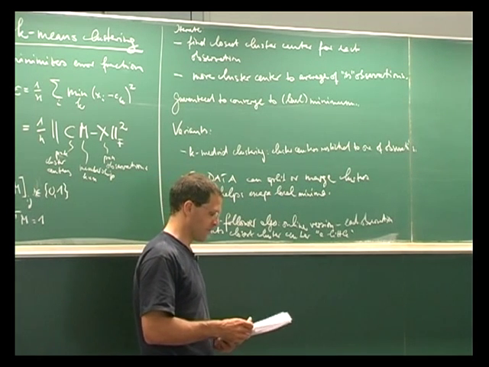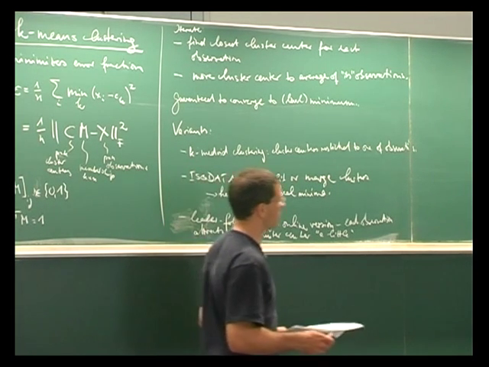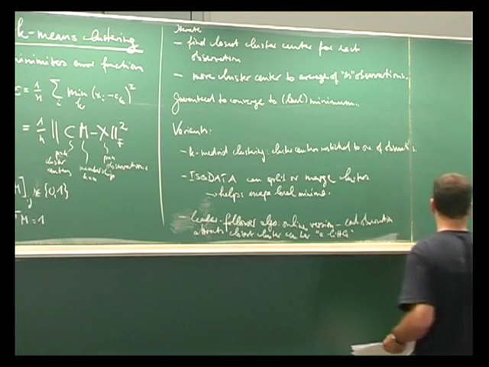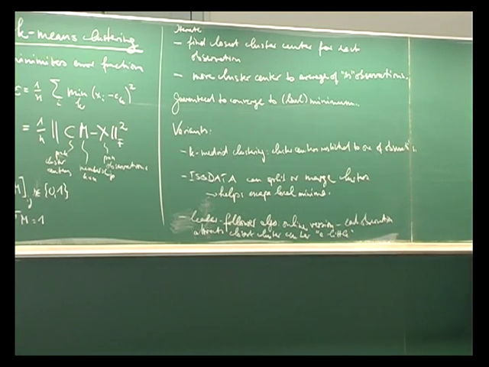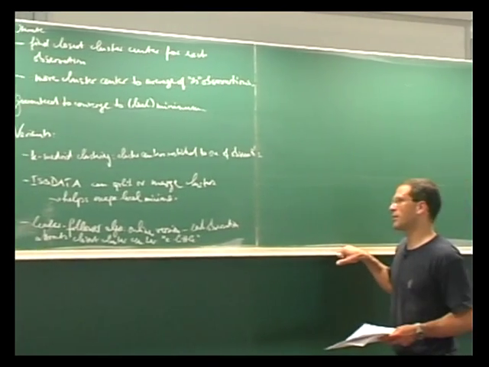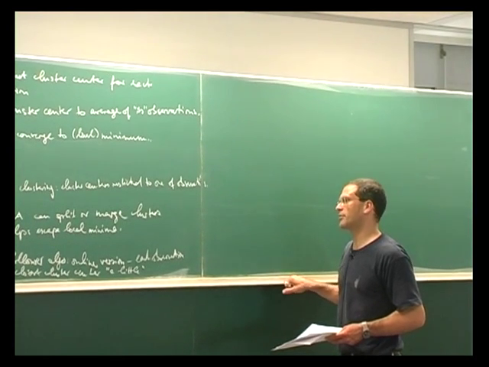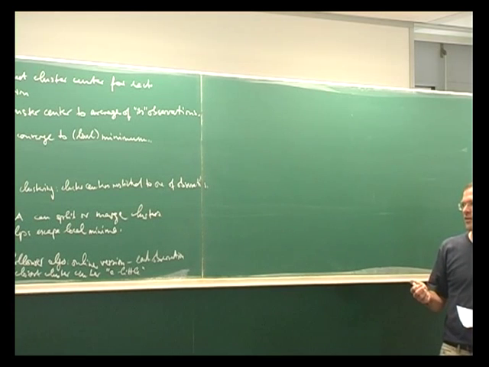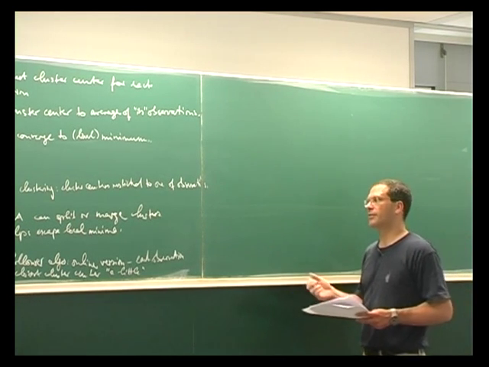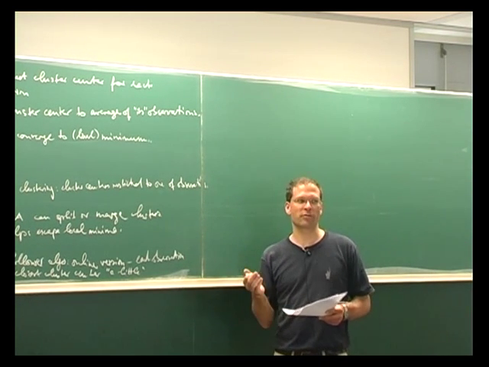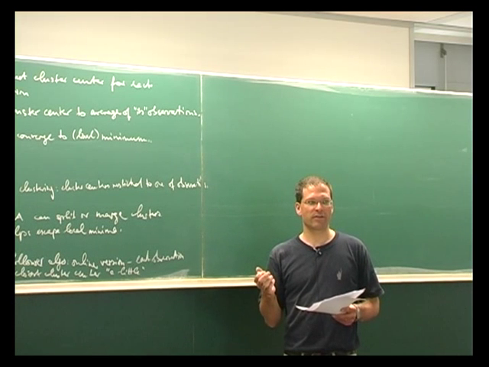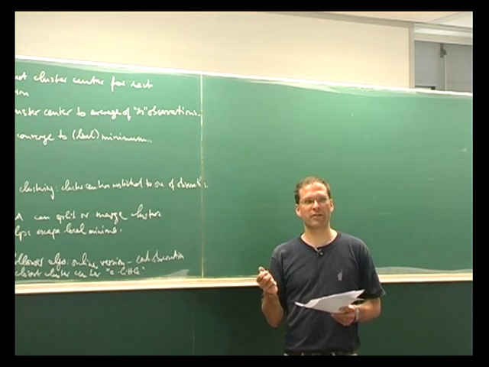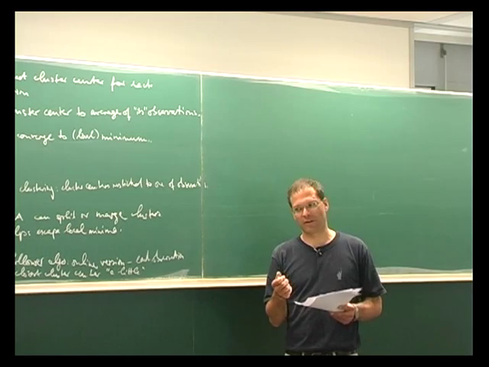In the single pass version, this is perhaps the fastest clustering algorithm around. In a single pass version, you start with a single cluster center, and then you present each new observation in turn, and you find for each observation the closest cluster center.